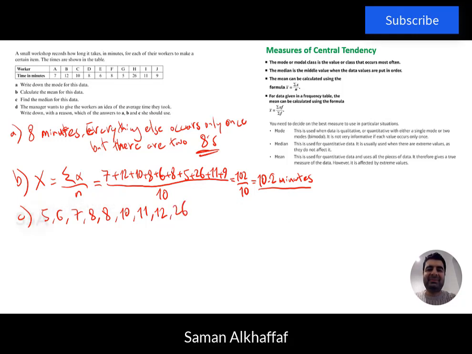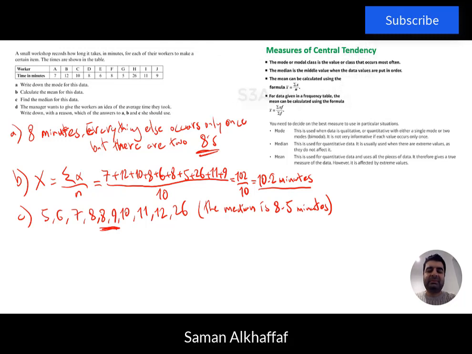So we can see in this scenario that the 8 and the 9 are the middle numbers. So we can see the median is 8.5 minutes. And this will be our answer for part C.